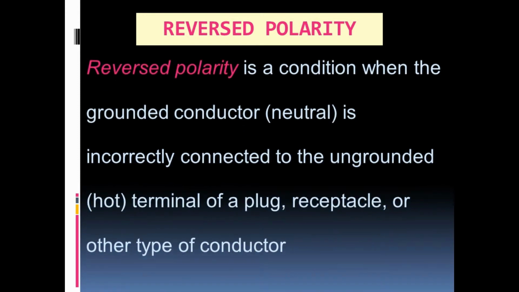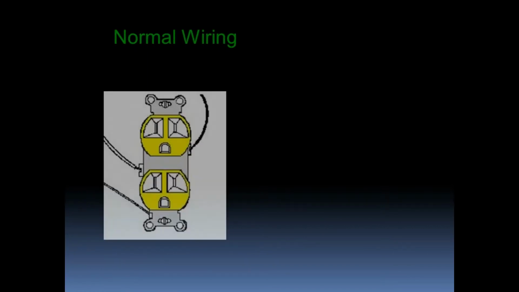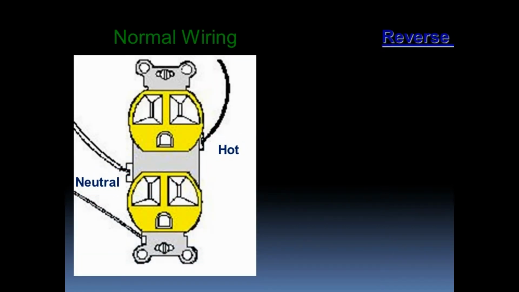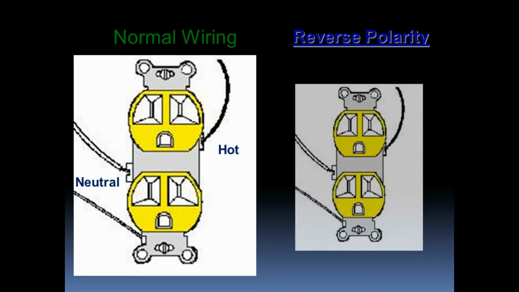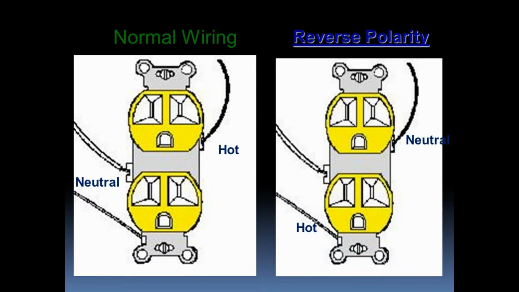Reverse polarity is a condition when the grounded conductor, the neutral, is incorrectly connected to the ungrounded hot terminal of a plug, receptacle, or other type of connector. The diagram illustrates normal wiring and reverse polarity.